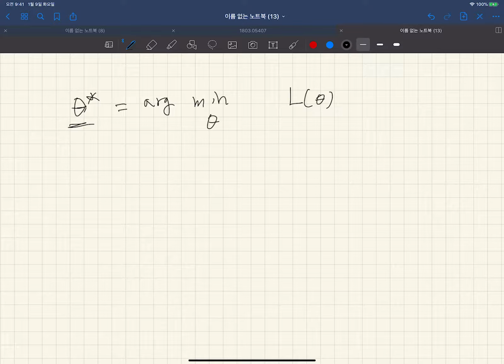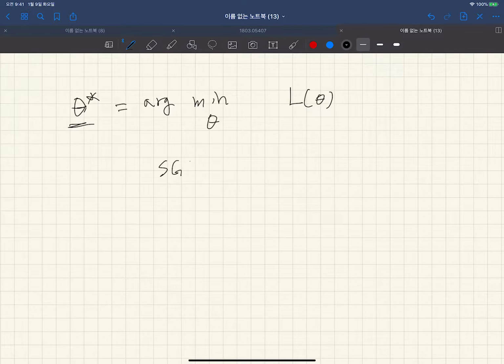And also, because there are too many training data points, we cannot utilize full batch gradient descent, the original gradient descent algorithm, without any noise. But we always have to randomly estimate the gradient at the current point using a mini batch. And this algorithm is called the stochastic gradient descent algorithm.